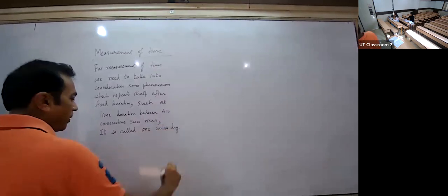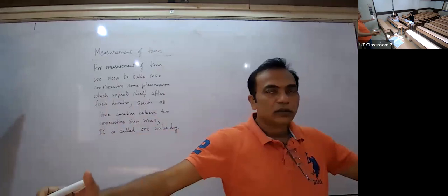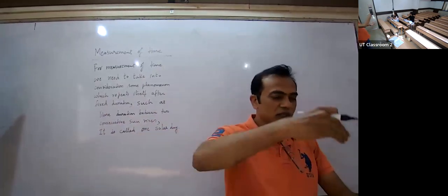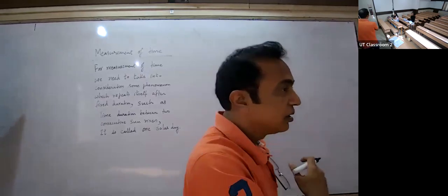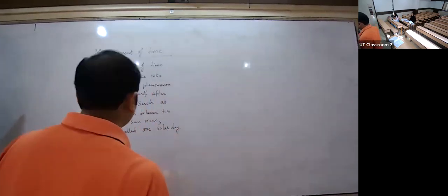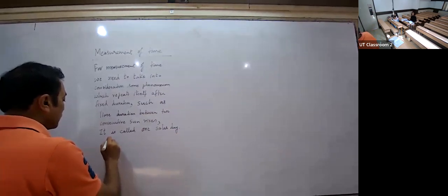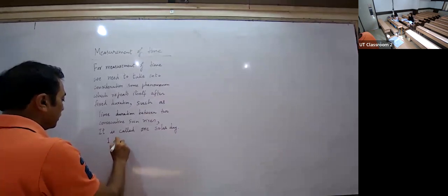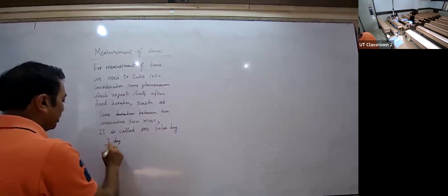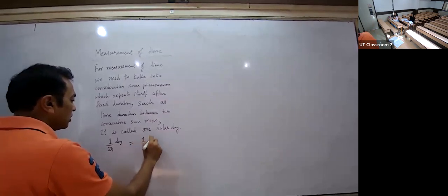So now we know that this event from one sunrise to the next sunrise is 1 day. Now we divide it into 24 equal parts, right? So 1 day divided by 24, whatever time duration comes, we call that 1 hour.